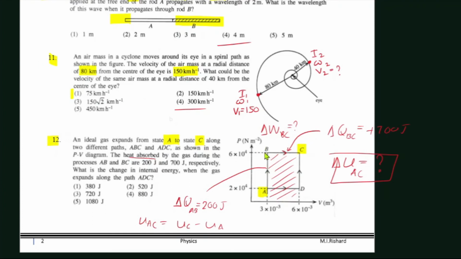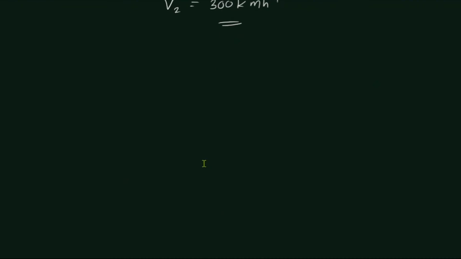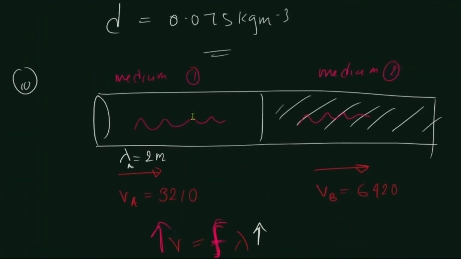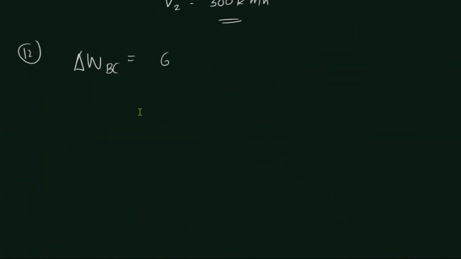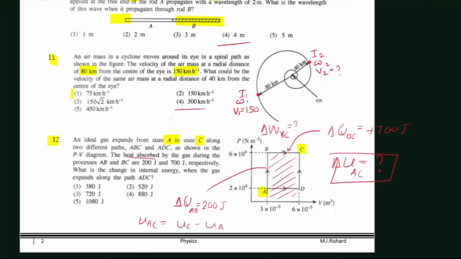So, what is it? The area is 6 into 3, right? So this is the 12th question. The work done by the gas in the B to C process is 6 into 10 to the power 4, into length into breadth.